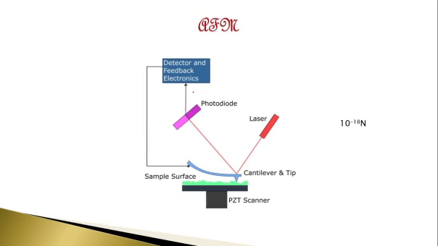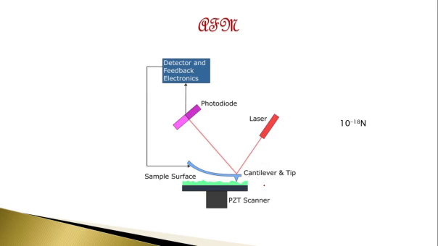So any of these interactions can be felt by the tip and the surface, and hence nano manipulation can be obtained. In the case of the atomic force microscope, you can see the surface feature has some top surface and trunk surface, and there is a cantilever, and onto the cantilever a laser is incident. Due to the deflection of the cantilever, that deflection will be detected using some electronics and detector, and that's how you profile the sample.